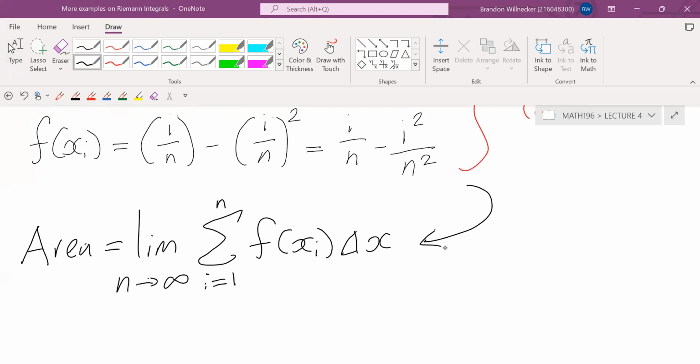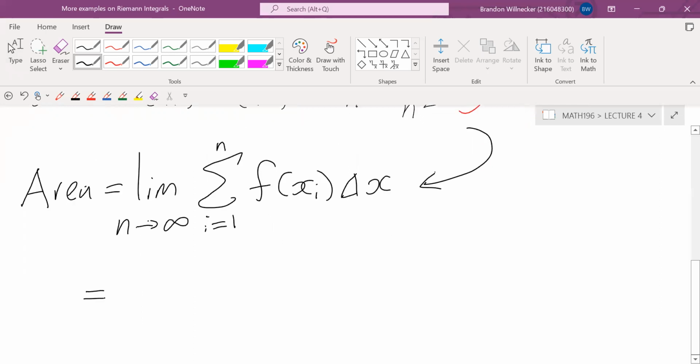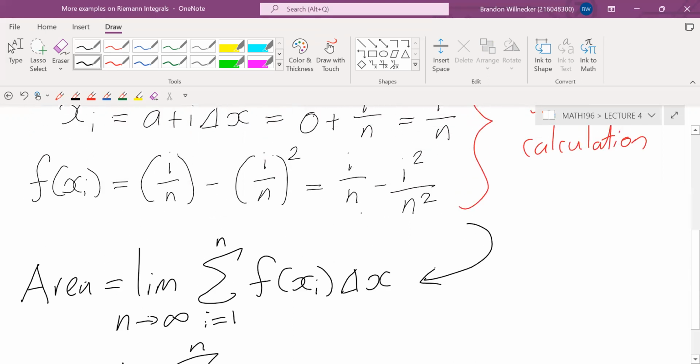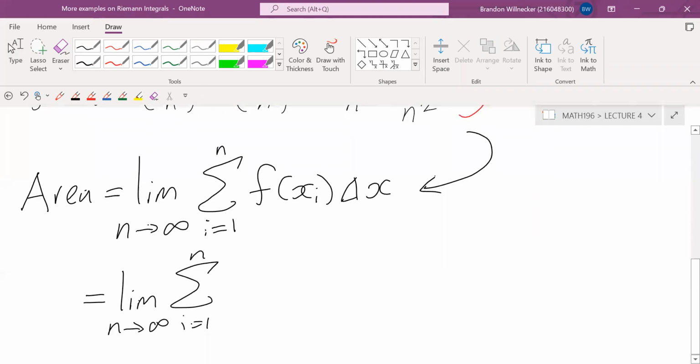Okay, so let's just substitute what we know and then do the calculations. So this will be the limit as n goes to infinity, the sum from i equals 1 to n, f of x_i, that's going to be i over n minus i squared over n squared.